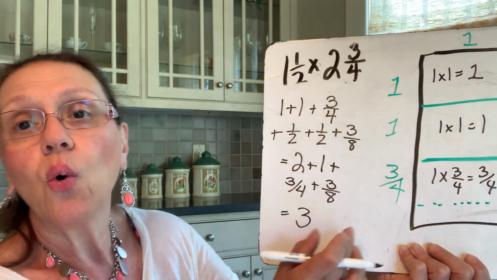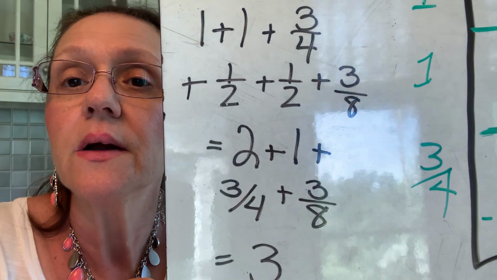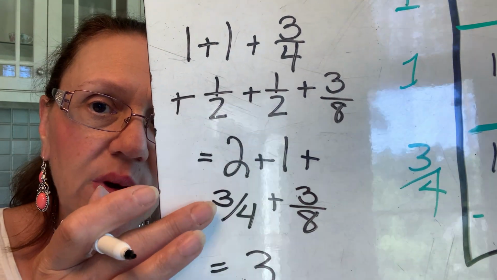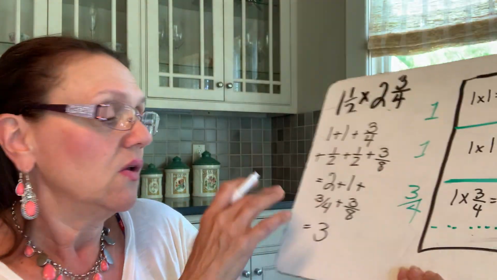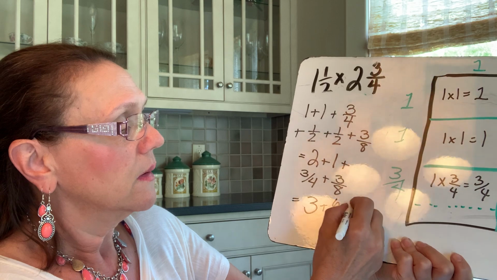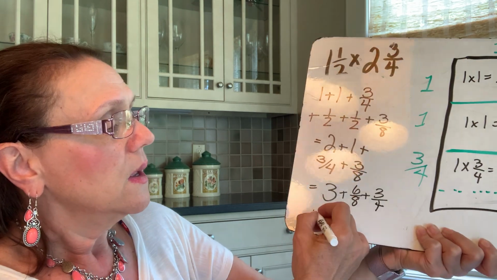And now, I need a common denominator. So I'm going to use the easy way to modify 3/4 and rename it to 6/8, plus 3/8.